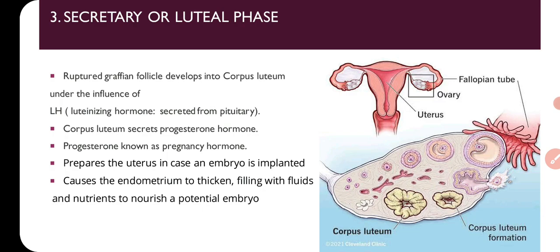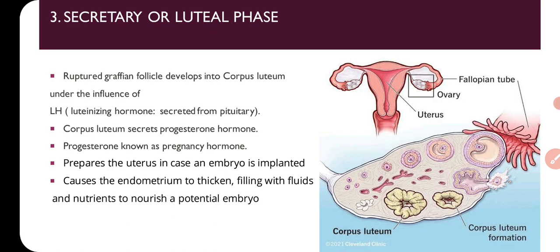If the ovum gets fertilized inside the fallopian tube, then progesterone prepares the uterus in case an embryo is implanted, and it causes the endometrium to thicken, filling with fluids and nutrients to nourish a potential embryo. So basically it prepares the endometrial wall of the uterus so that the fertilized egg will in future get implanted in that endometrial wall.